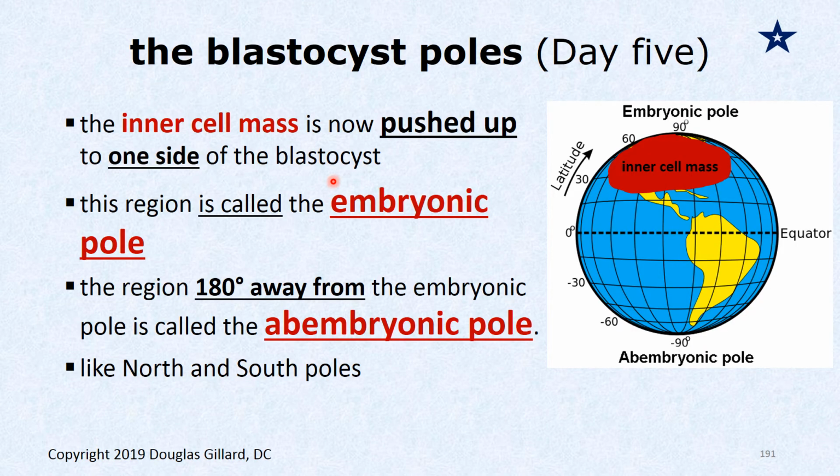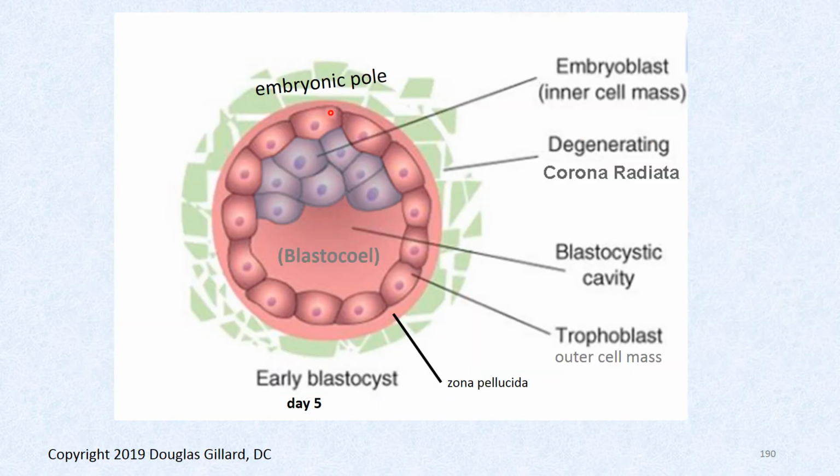All right, so the inner cell mass by this cavity is now pushed up to one side of the blastocyst. And so wherever this inner cell mass attaches, so it'll be right here, it's called the embryonic pole. It's almost like the North Pole and the South Pole.